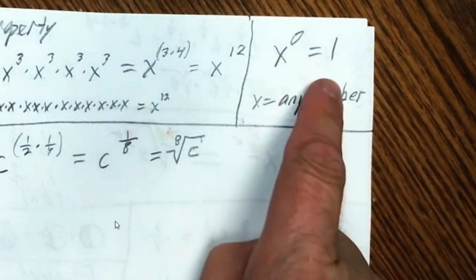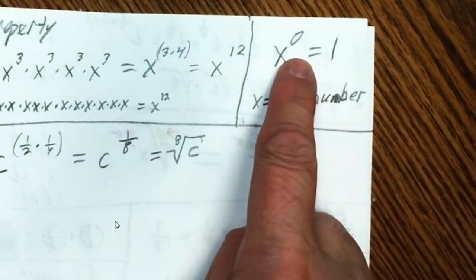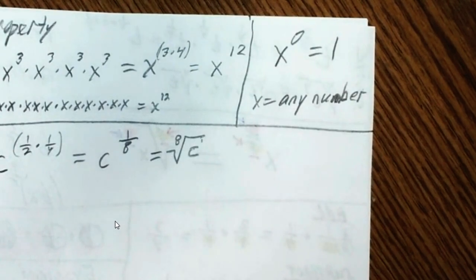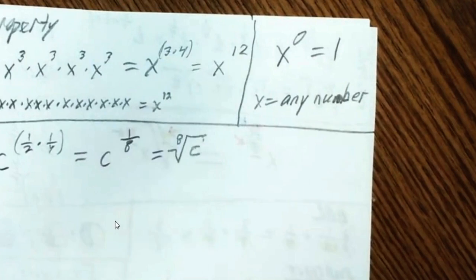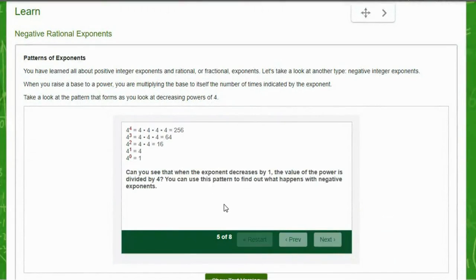X raised to the 0 power is 1. X can be any number. 843 raised to the power of 0 is 1. Negative 19 raised to the power of 0 is 1. Any number. So that's a good reminder for our notes. Anyway, back to what they were doing.